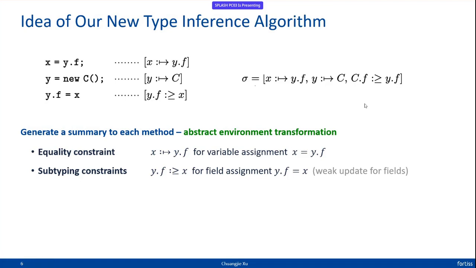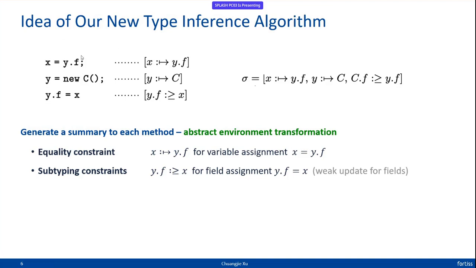And we have an equality constraint for each variable assignment. So for example, here we assign x to y.f, the field f of the variable y. And here we will just say, okay, then the type of x must be the same as the type of the field f of some object of the same type as y.